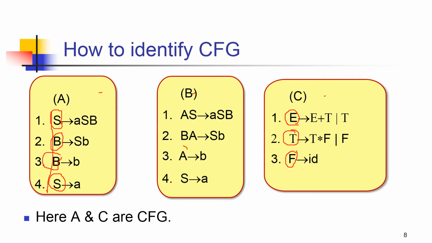In B, rule number 3 and rule number 4 follow the condition, but rule number 1 and rule number 2 violate the rule, which is that a single variable will produce the rule. Here, the combination of capital A and capital S, these two variables, are producing a certain rule. Hence, in context free, you cannot have these kinds of things.